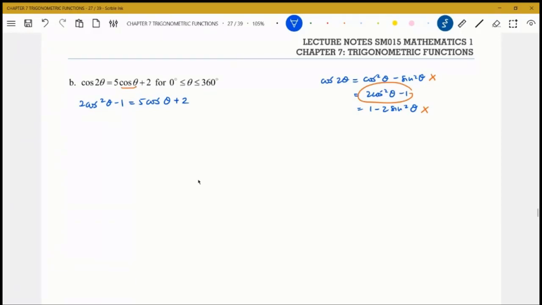Okay, so making everything to one side, so we're gonna have 2 cos square theta minus 5 cos theta and then minus 3 equal to 0. So kalau kita tengok di sini kita boleh let the assume. So let A equal to cos theta. So kamu akan nampak dia dalam bentuk kuadratik 2A square minus 5A minus 3 equal to 0. Can we factorize this one?